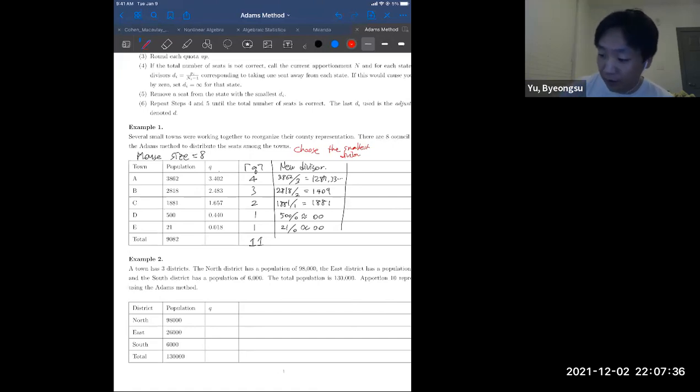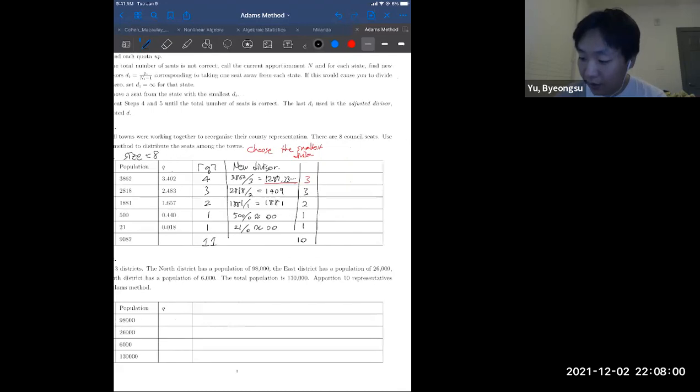Here, the smallest divisor occurs at A. So we take one seat out of the four, so A now gets 3 seats, but B, C, D and E still get the same seats.